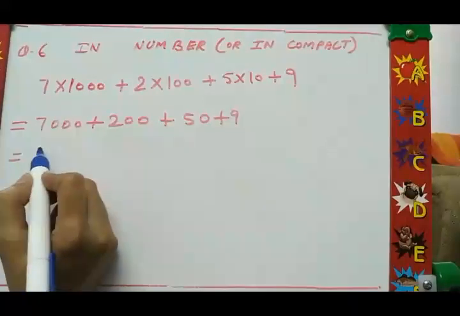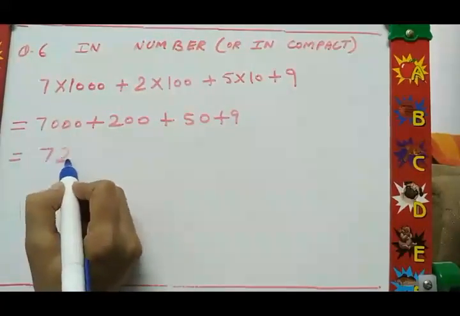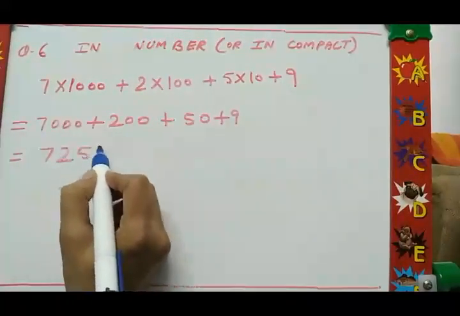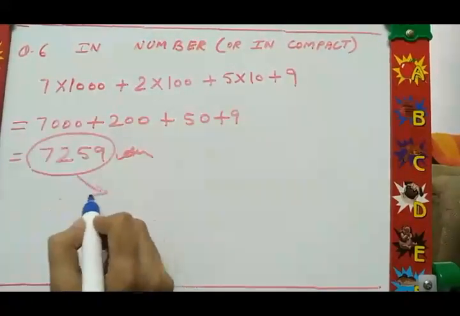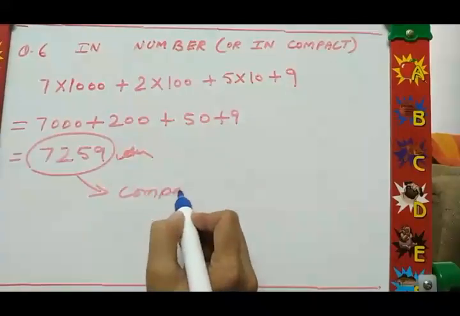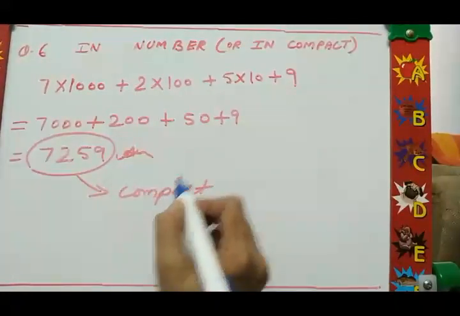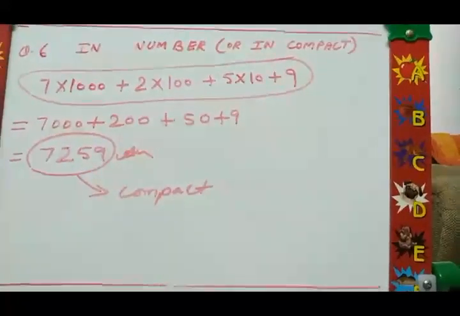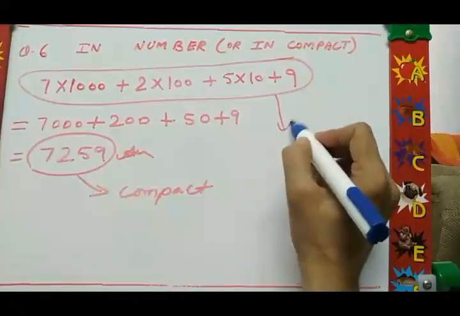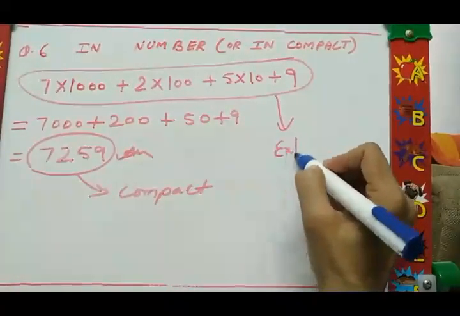Now we get 7259, that is the answer, and this form is also known as compact form, and the form given as the breakup of numbers is known as expanded form.